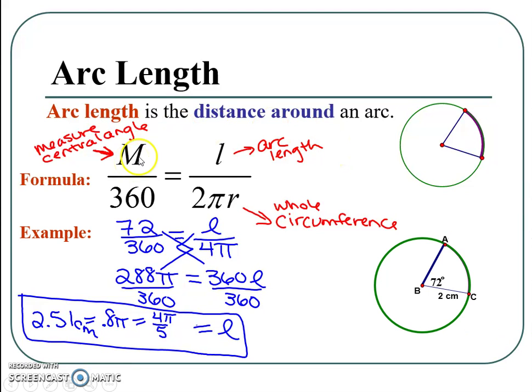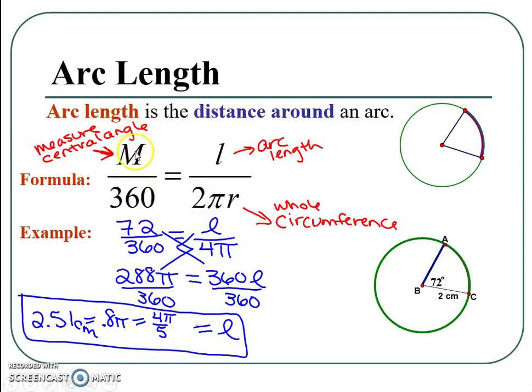First proportion is measurable central angle, which is angle here, over 360, because circle has 360, equals arc length over circumference. Circumference is 2 pi r, right? So the first ratio is central angle over 360 equals arc, which is this length, which is part of a circumference. So this arc length over 2 pi r.